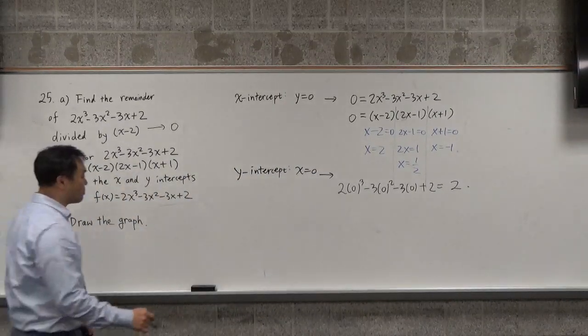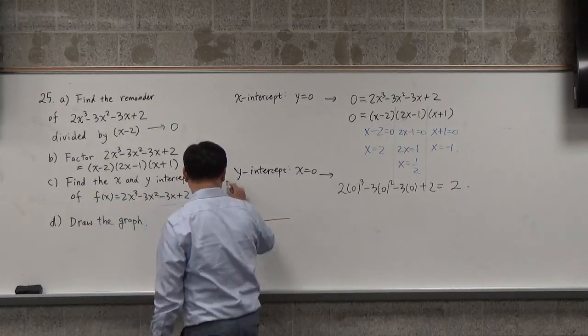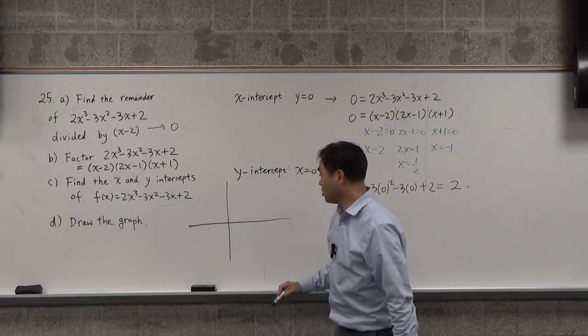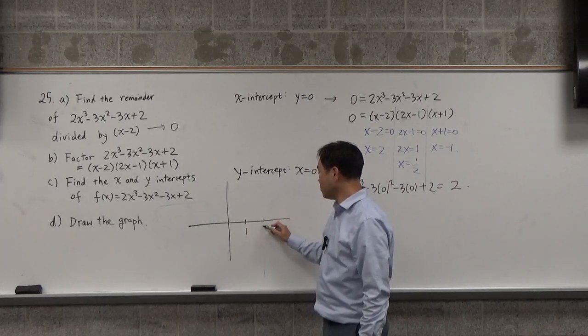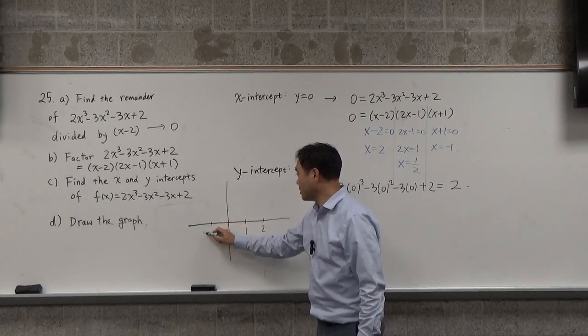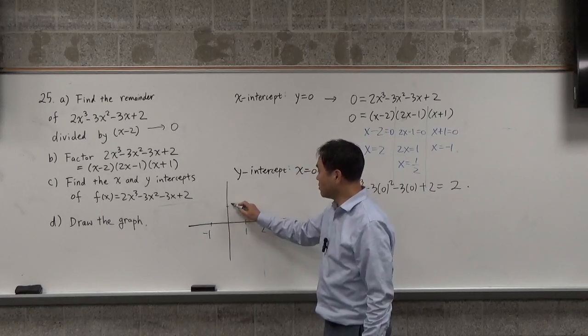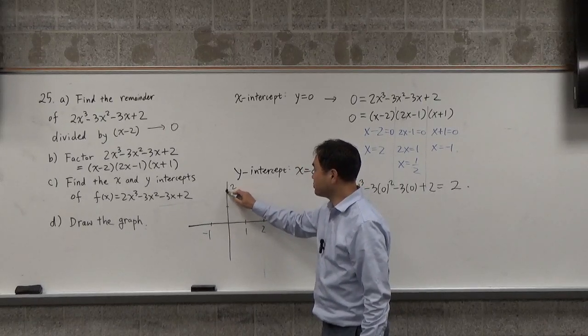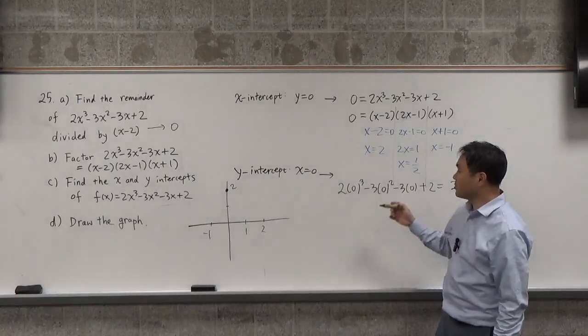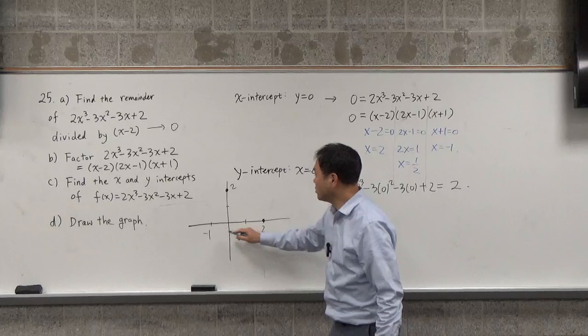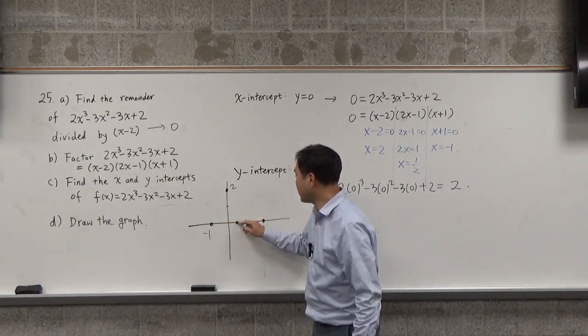How do we draw the graph? Well, we know the points that it must pass through. So if I say this is 1, this is 2, this is negative 1, and then this is 2, we know that the y-intercept is 2, and the x-intercepts are 2, negative 1, and then 1/2.